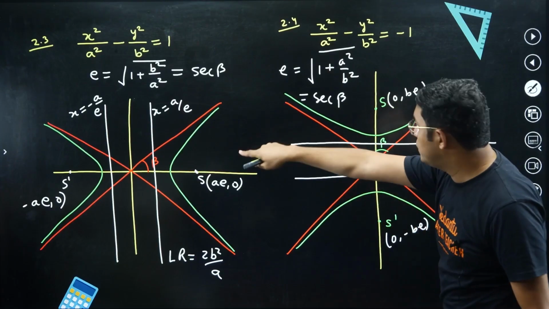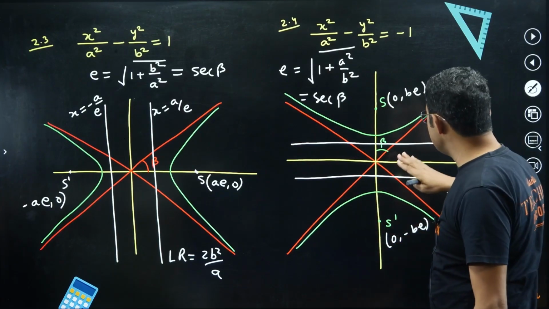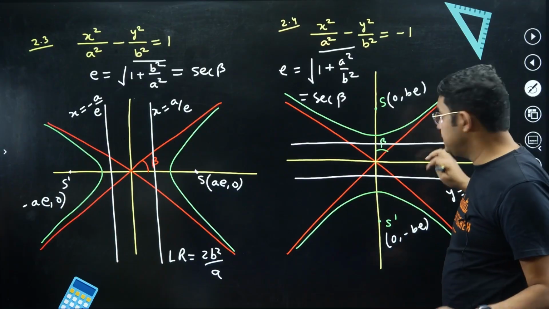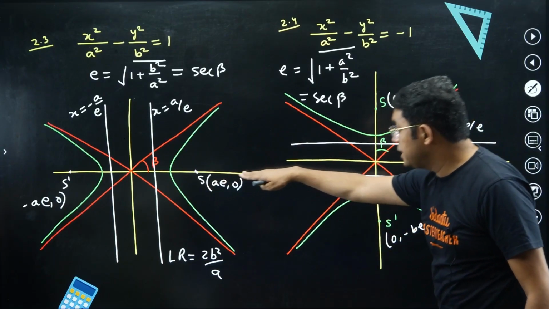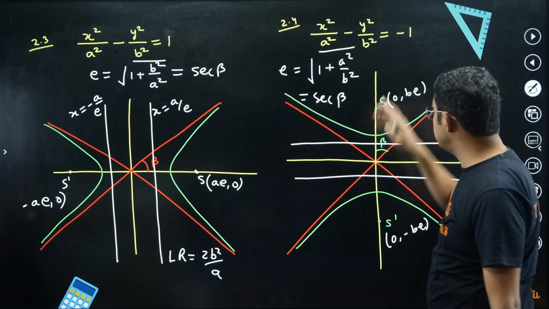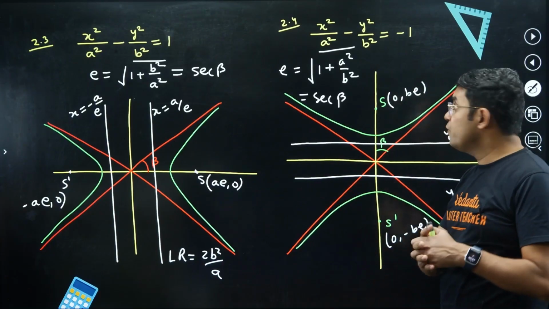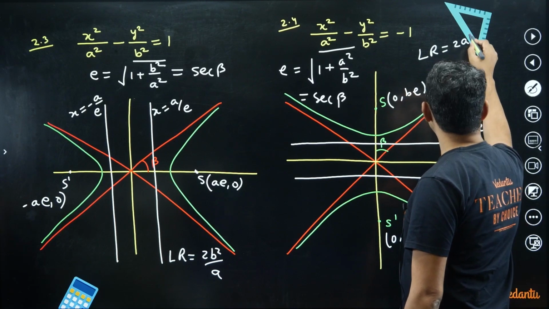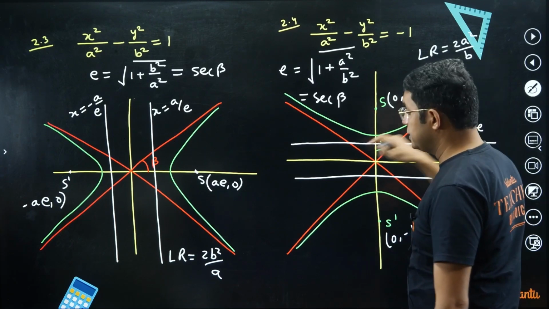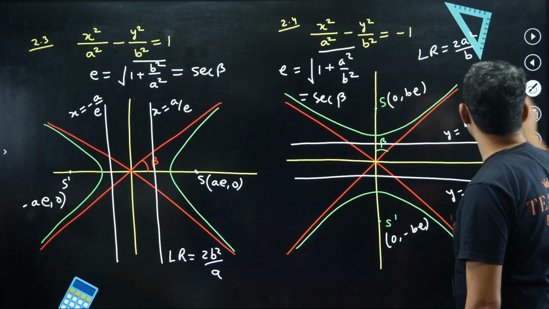The same angle beta you can compare. This time this beta is not counted from the x-axis, it is rather counted from the transverse axis in both cases, because in this case the transverse axis is the x-axis, in this case the transverse axis is the y-axis. And the latus rectum length would be 2a square upon b. In this case, here it was 2b square upon a.